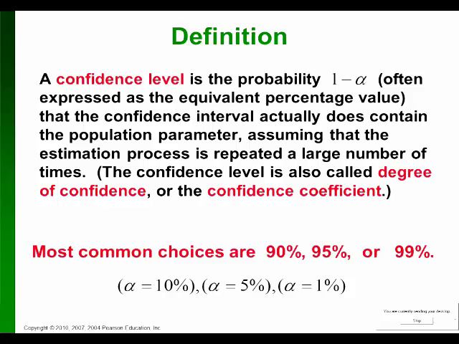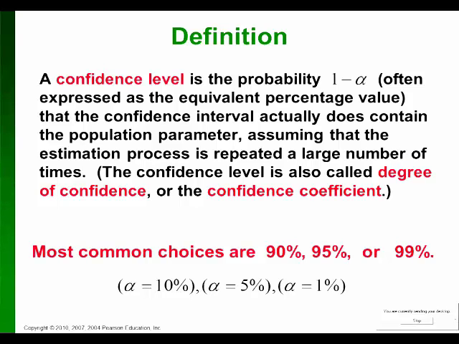If I want to be 90% confident, then alpha is 1 minus 0.9, which is 10%. So for an 85% confidence level, alpha would be 0.15. And that's the probability that the confidence interval actually does contain the population parameter that I'm trying to estimate.